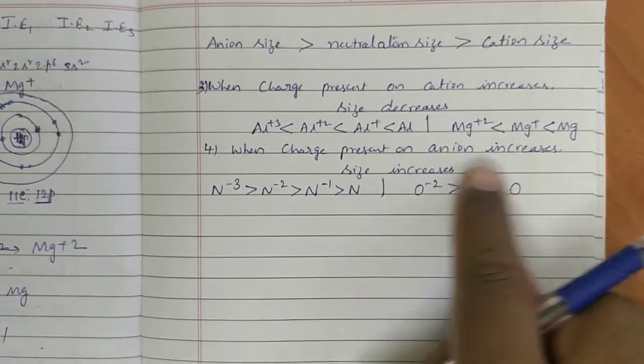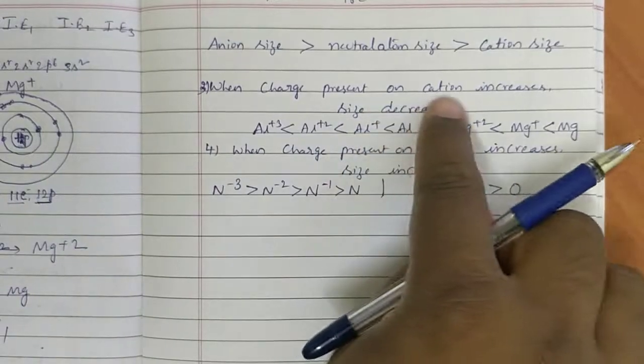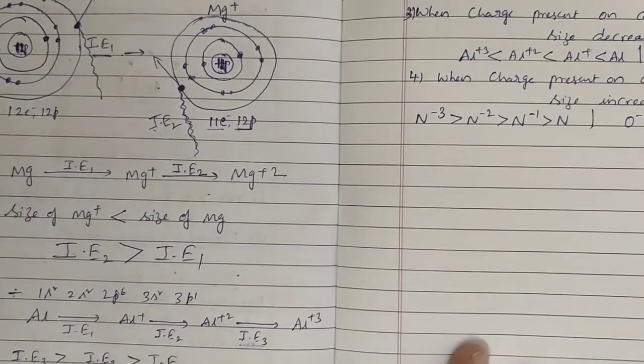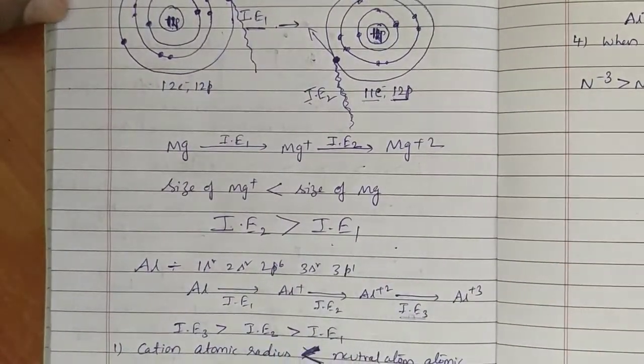When the charge on the anion increases, size increases. When the charge on the cation increases, size decreases. This is the information. According to this, we can discuss the ionization energy.